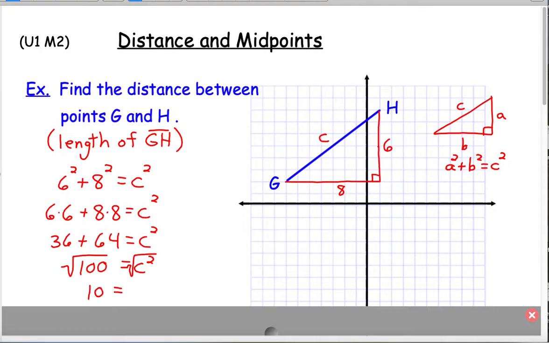And since I know C is a positive value, I can just say the square root of C squared is C. Now, C was just something I used to help me out with the problem. What I really mean is that the distance from G to H, or H to G, is equal to 10 units. And so that's the distance between those 2 points. So that's how we do it using the Pythagorean theorem.